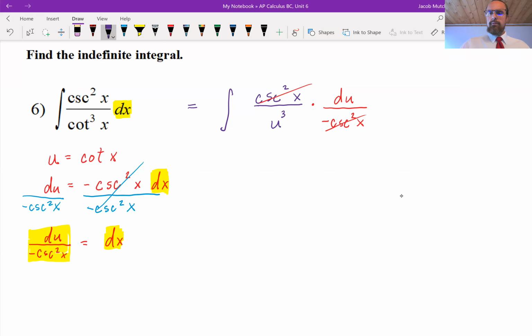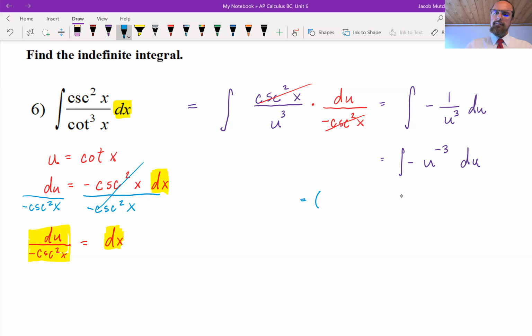And so for my substitution version, what we've got is the integration of negative, from this negative sign down below, 1 over u cubed du. And at that point, what I want to do is just integrate that with my u's. So I can also think about it as the integration of negative u to the power of negative 3 du. So we're ready to integrate.